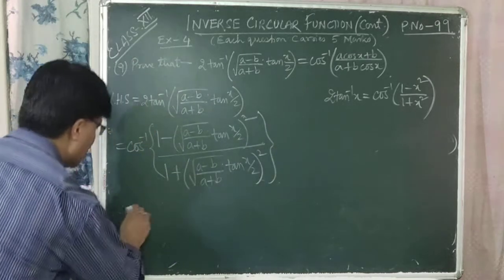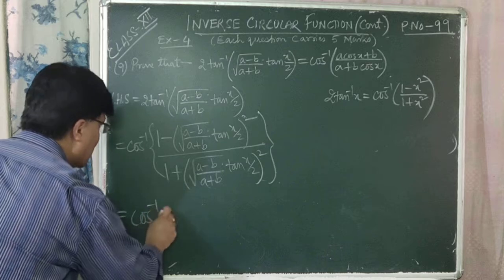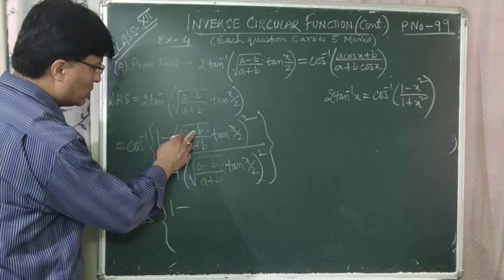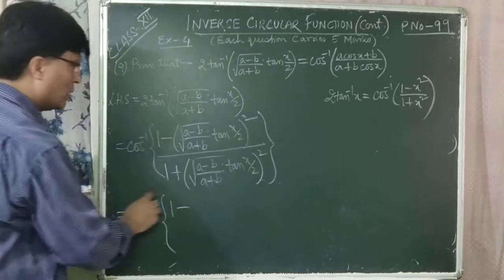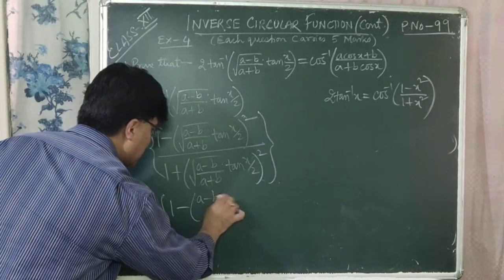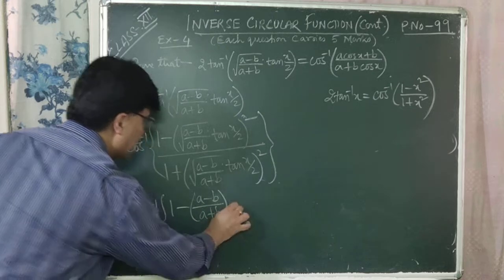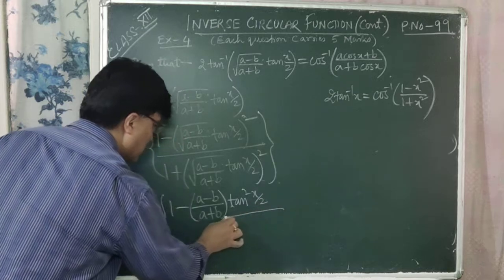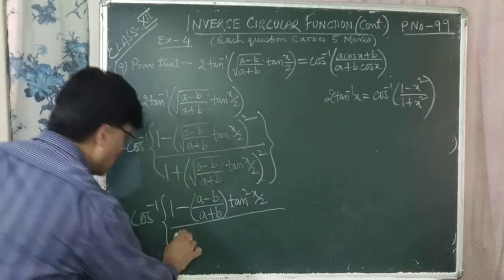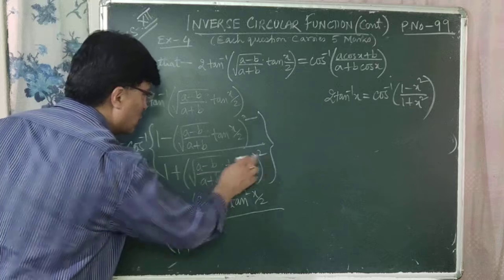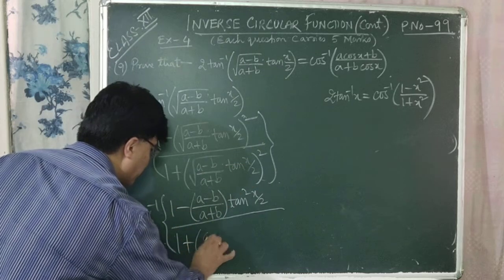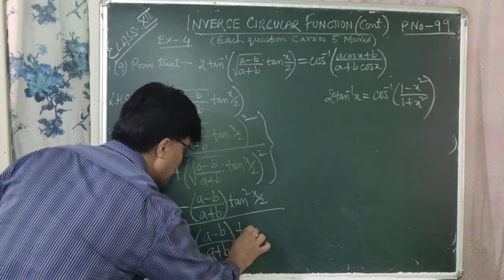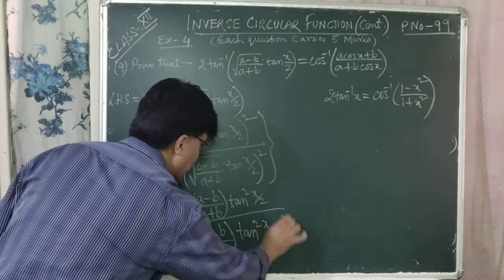So next, which is equal to cos inverse. Now let us simplify it, within second bracket 1 minus. Now because of this, the square root will be removed. That is (a minus b) upon (a plus b) into tan square x by 2, this whole divided by 1 plus, square root whole square is (a minus b) upon (a plus b) into this tan square x by 2.